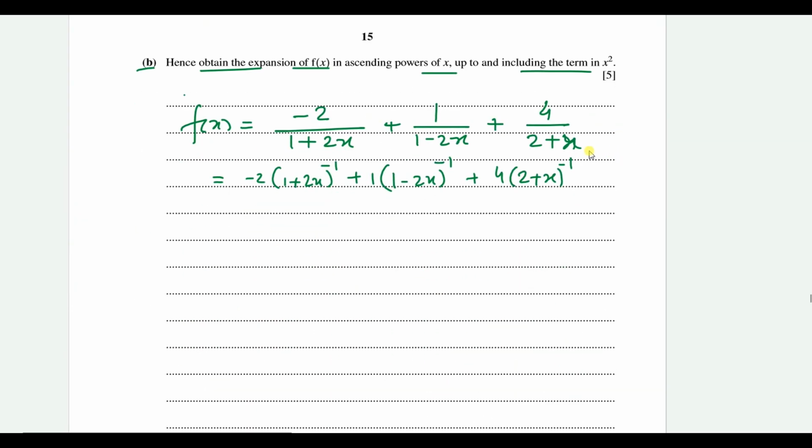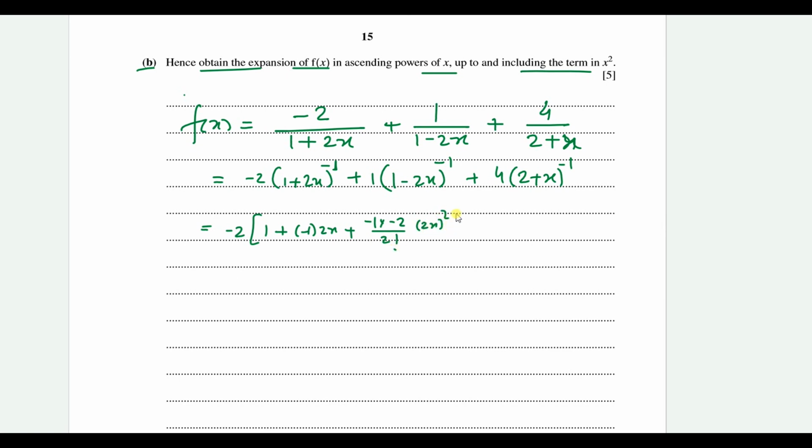So now we use the binomial expansion for the negative power. So it is minus 2 into, we require till x square, it is 1 plus nx, that is minus 1 into 2x, plus n into n minus 1 over 2 factorial into (2x) square.